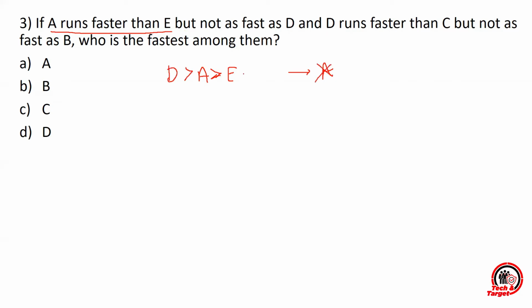Now, who is the fastest among these three people? G is faster.